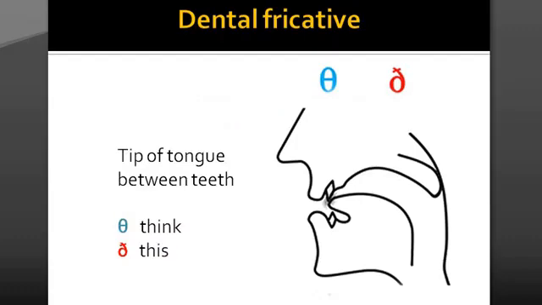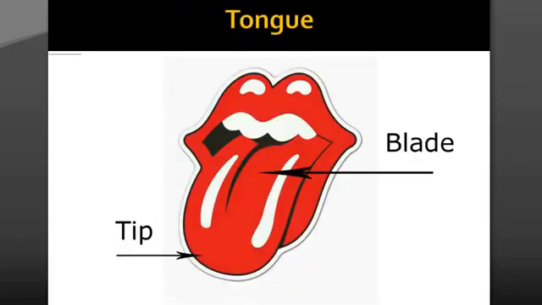So what you're doing here to pronounce the sounds in think, this, the tip of your tongue is between your teeth. By the way, when I say tip of the tongue, in English we say that the blade of the tongue is the part in the middle, and the tip of the tongue is the very end of your tongue.